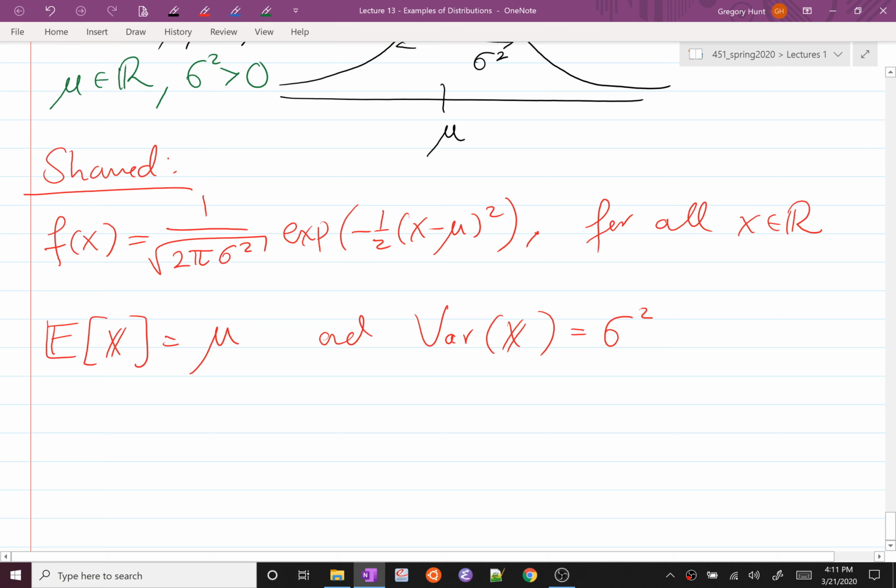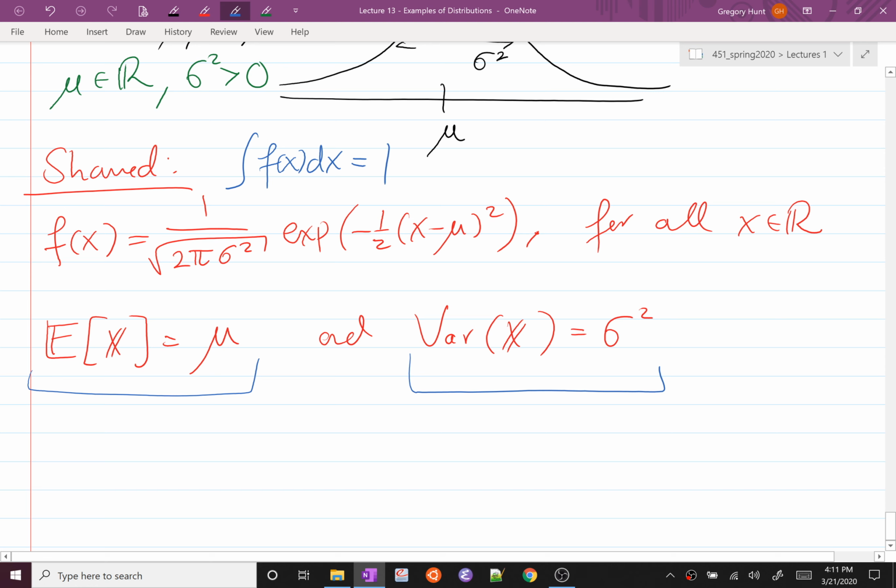I believe, let's think, did we show this one? Well, maybe we didn't show this one. So let's actually go back and talk about how to get these two. What did we actually show? We showed that the integral of this thing is actually 1, right?